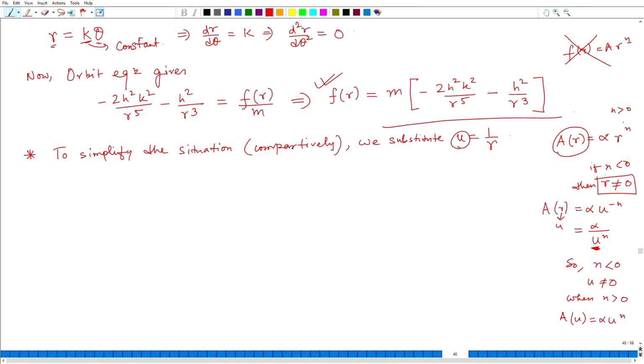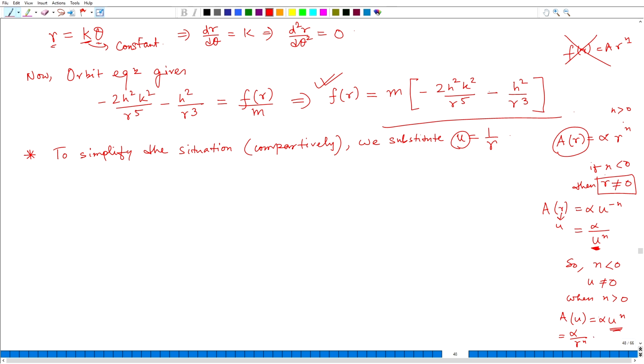Then you will see that this part is defined for all values, but you have to also understand this is meaningful when you write this is equal to alpha by r to the power n.